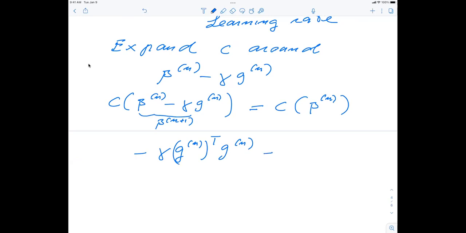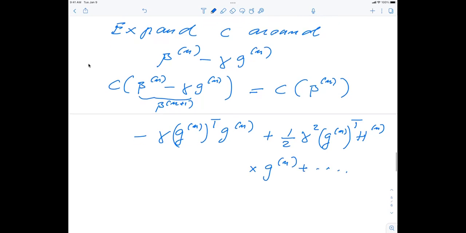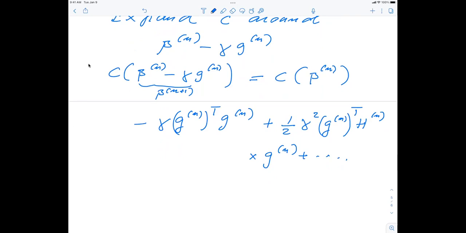And then I would get plus 1/2 gamma squared, g of n transpose multiplied with the Hessian matrix for iteration n, multiplied with g of n, and then we have higher order terms. Now we do the same thing and skip the higher order terms.